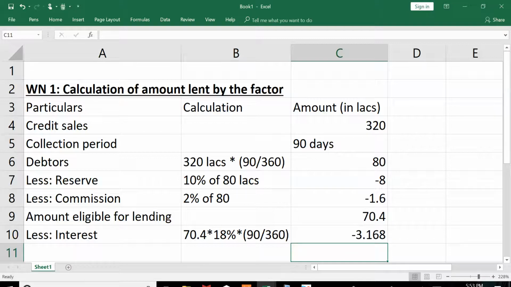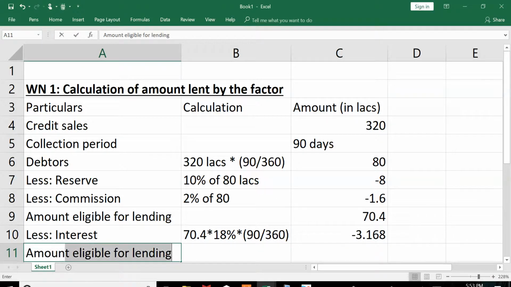Once you deduct this, what you get is amount actually lent.